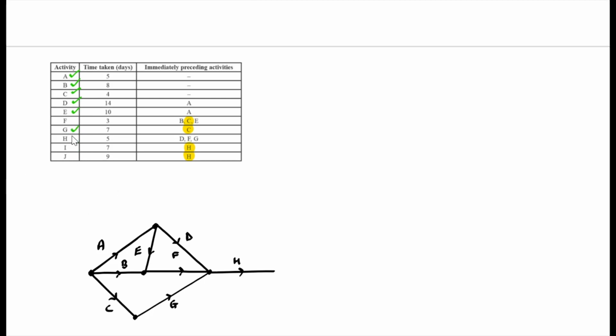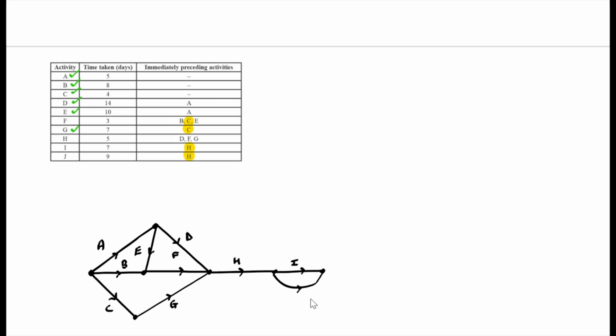So after H we have I and J, right? If we take a look at I, let's just draw a line over here. We have I completed over here, and also J depends on H. Now we can't have some sort of a loop like this.